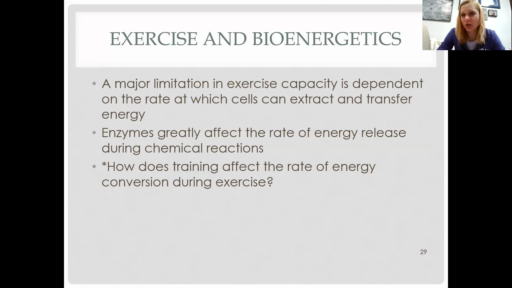So how quickly can we transfer energy from one form into our usable form, which is known as ATP, right? So again, we want to look at these pathways, and we want to understand how we can sort of upregulate those pathways so that our athletes can improve their performance. So again, this is just one of those key pieces that we need to understand in order for us to really optimize sport performance for our athletes.